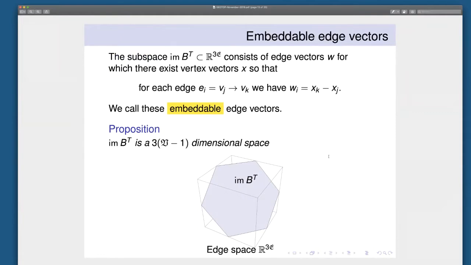For instance, if we have a cyclic polymer, then only edges where all the edge vectors sum to 0 will be in the image of B transpose. All of the other combinations of edges aren't in the image of B transpose because they don't sum to 0, so they can't come from the vertices of a cyclic polygon or a cycle graph. So we want to carve out the image of B transpose, which is the space of embeddable edge vectors.